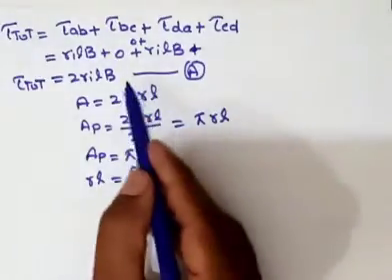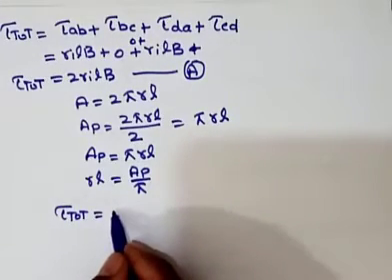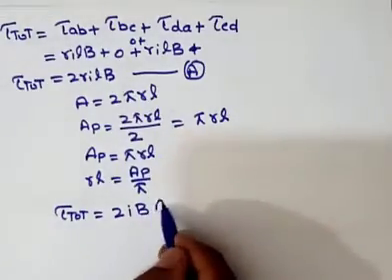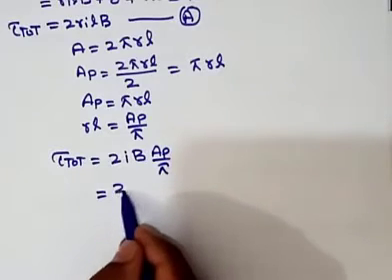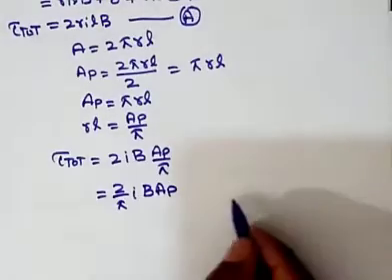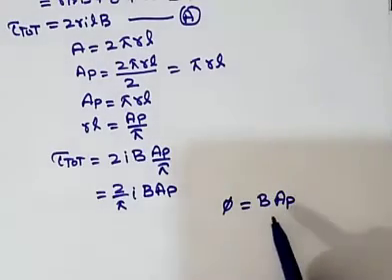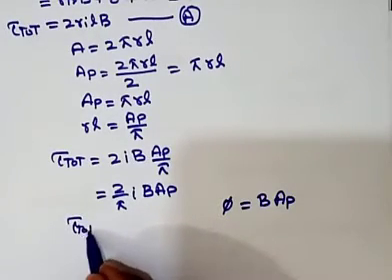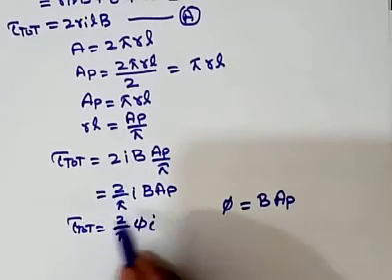Putting the value of R L in the equation, we get tau total is equal to 2 I B into A_P over pi, is equal to 2 over pi I B into A. As we know, flux is equal to B A. Putting the value of B A is equal to flux in this equation, we get the final equation of the torque is equal to 2 over pi flux into I.